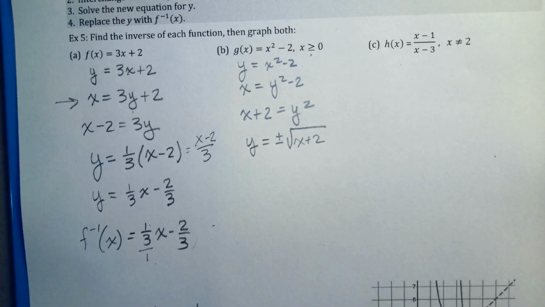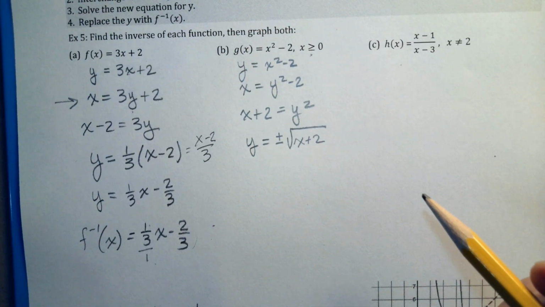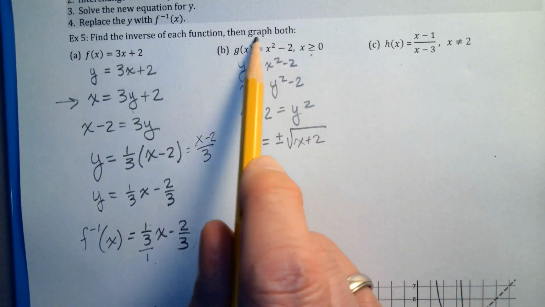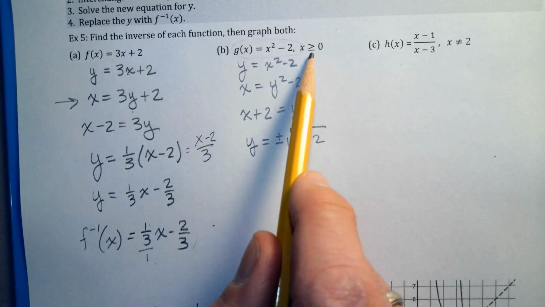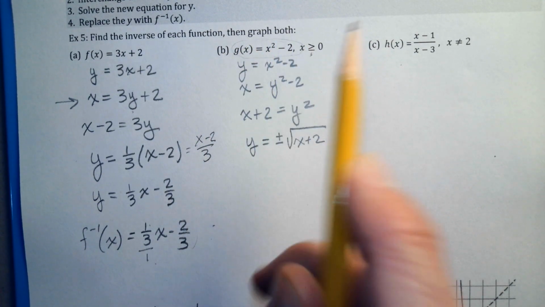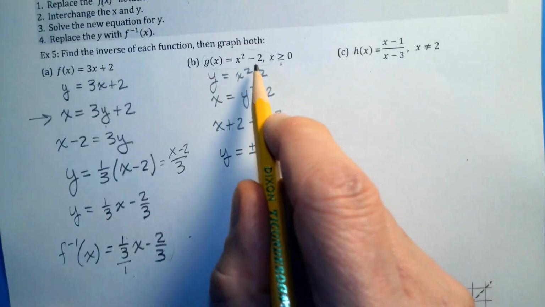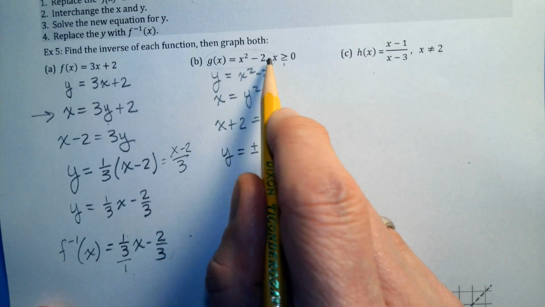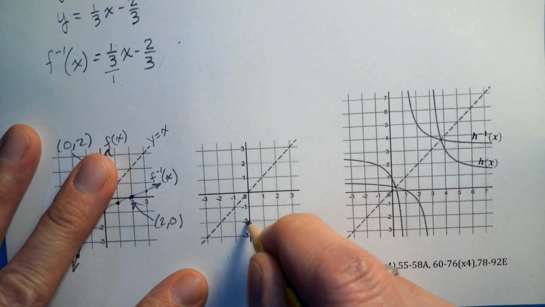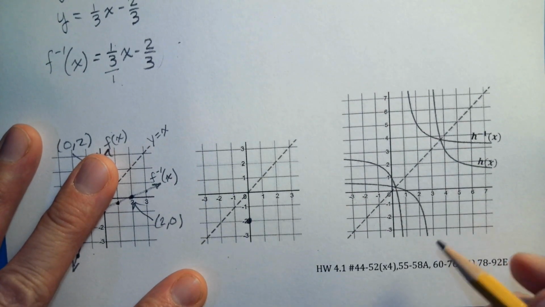All right. However, you have to really be thinking a little bit about this. If we were to just graph this thing, ignoring the restriction, that would be a vertex at (0, -2). It would be down here.